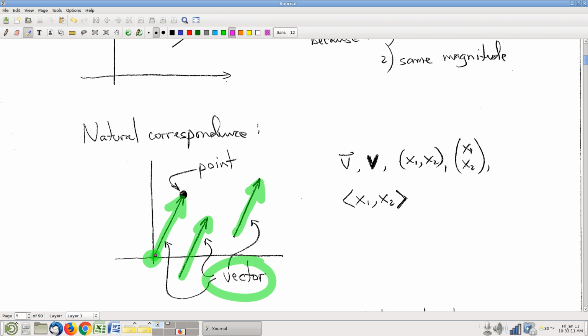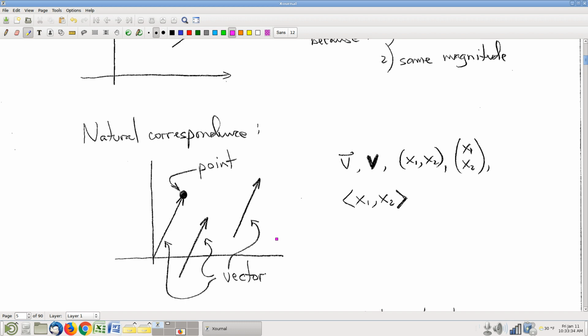That unique arrow with its tail at the origin will have its head at a certain location that is the corresponding point. Okay, so roughly speaking, the natural correspondence between points and vectors is the arrow with its tail at the origin. Okay. All right.